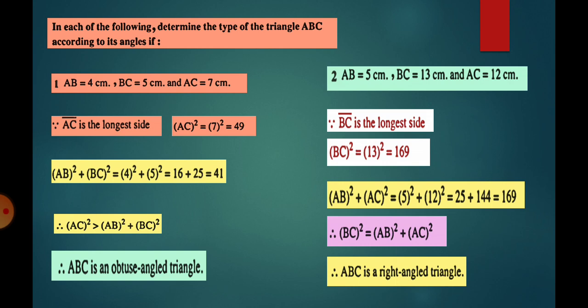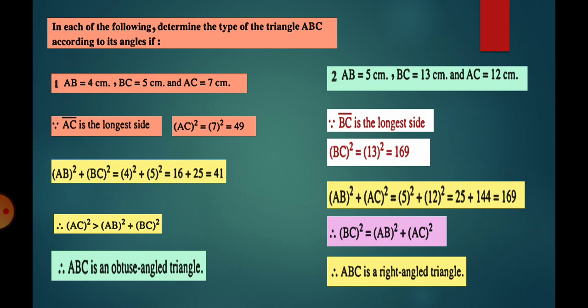Again, to determine the type of the triangle according to its angles, we find the longest side, find the square of the longest side, and find the sum of the squares of the two other sides.